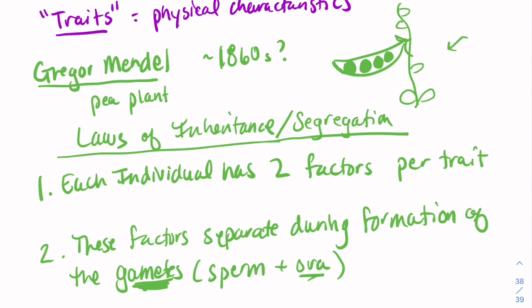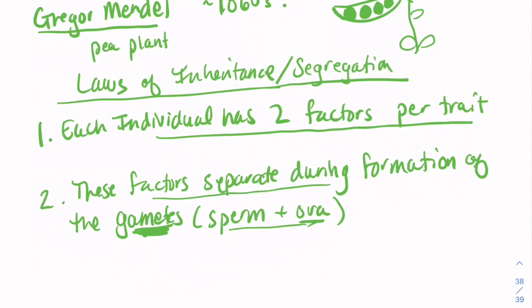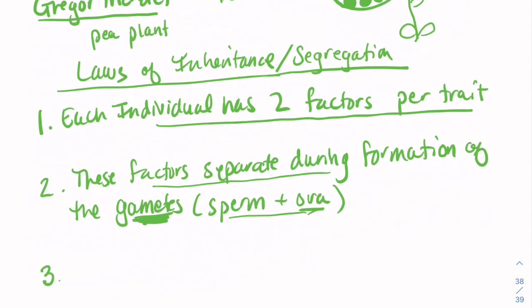So each individual has 2 factors for each trait, and these factors separate from each other during formation of the sperm and ova. Okay, so each gamete, sperm or ova, contains only 1 factor per pair of these factors.